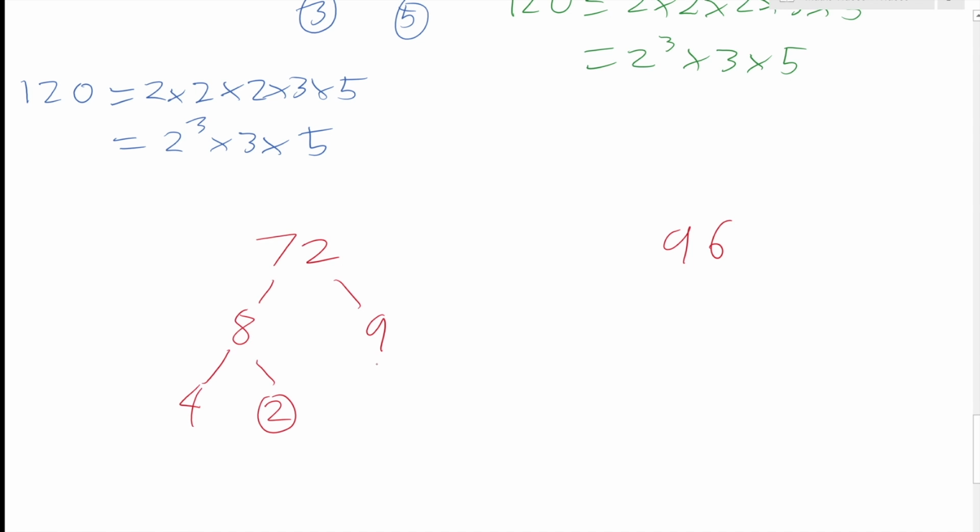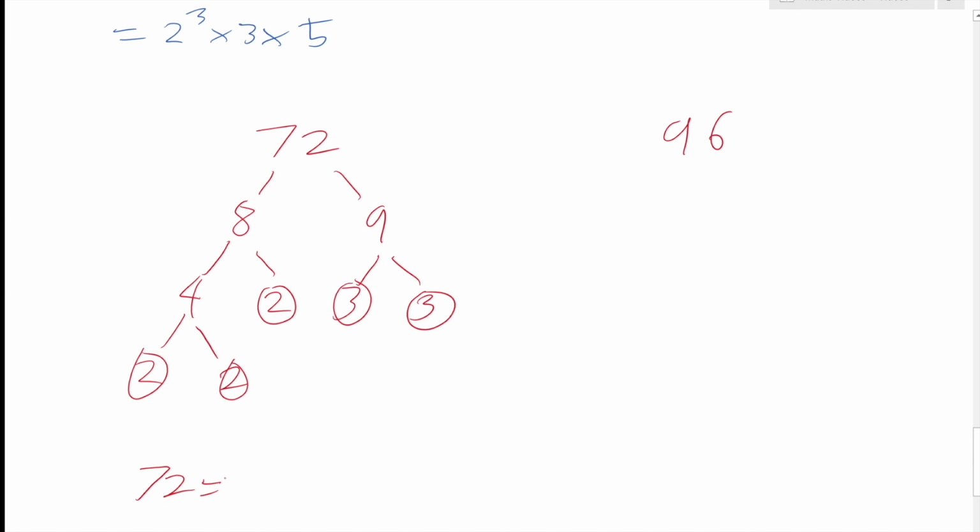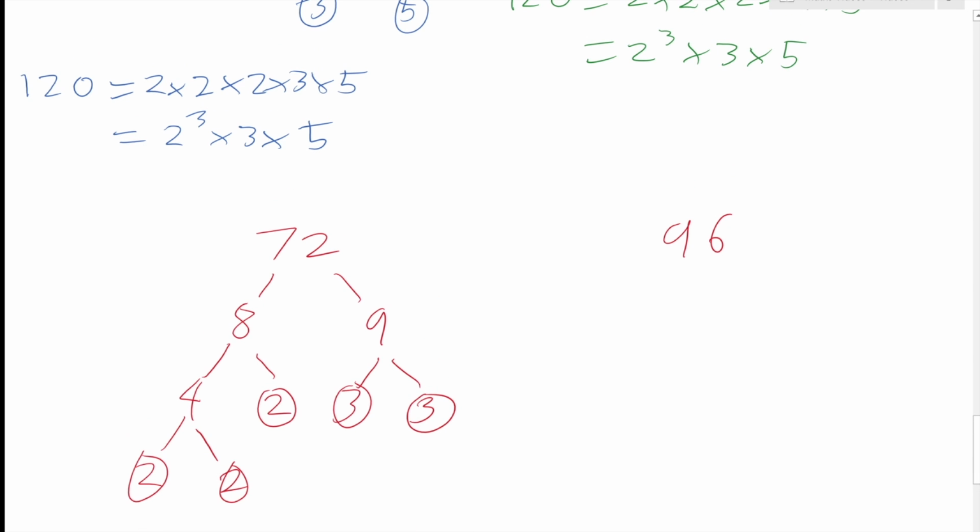I'll do it this way: 8 factors to 4 and 2, 9 factors to 3 and 3, and then that final 4 breaks down into 2 more 2s. So you get 72 equals 2 times 2 times 2 times 3 times 3, or 2 cubed times 3 squared.